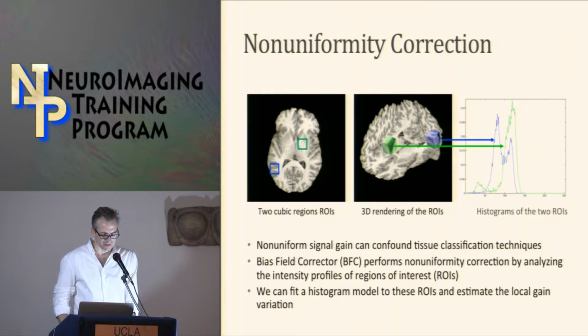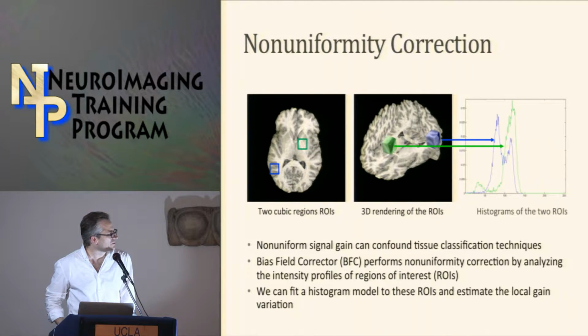Once we've extracted just the brain out of the head, the problem that we often run into, as you've surely encountered, is that images often present a great deal of non-uniformity, particularly depending on how they're collected.